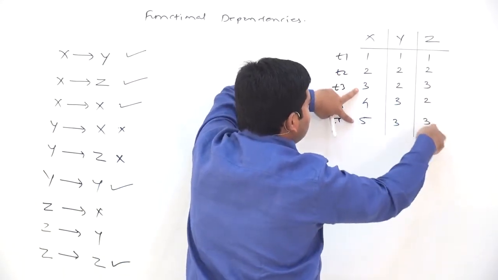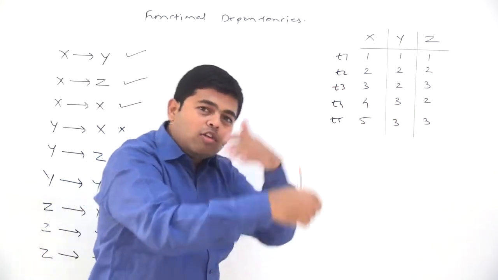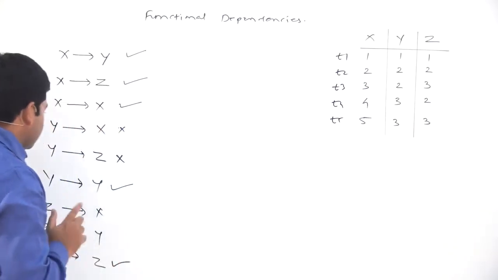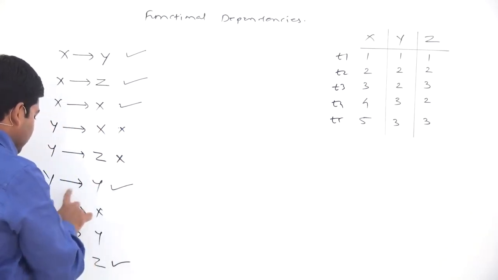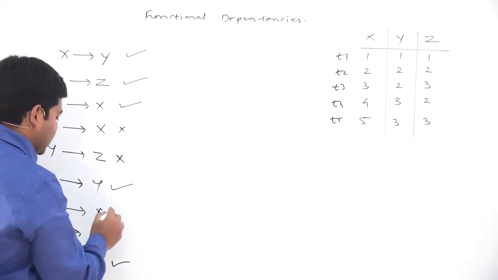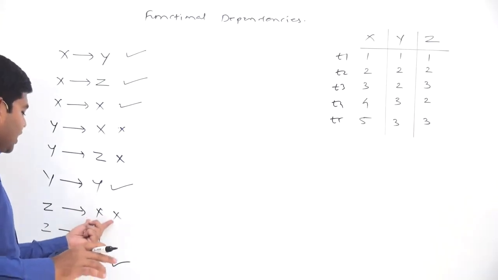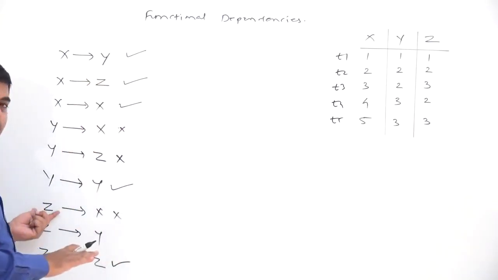When z is equal to 3, x can be either 3 or 5. So z gives x, or z determines the value of x, is an incorrect statement, because you cannot do that always. The value of x cannot always be uniquely determined from the value of z.